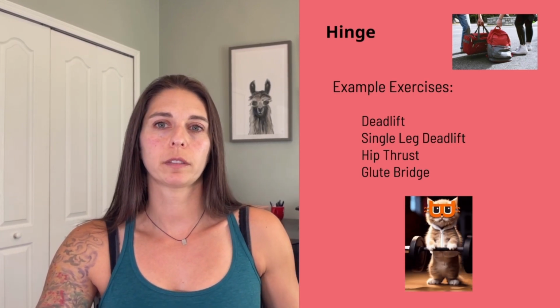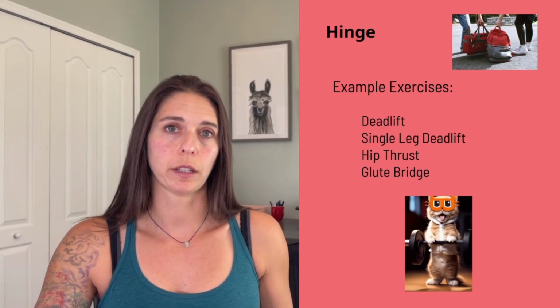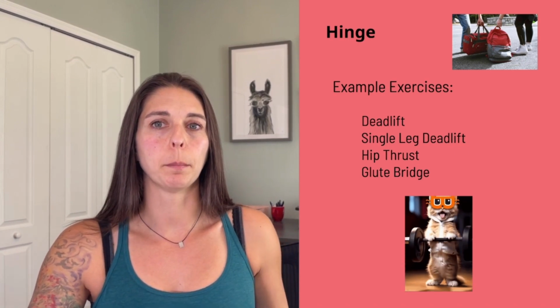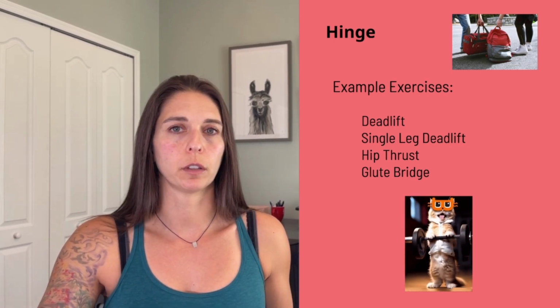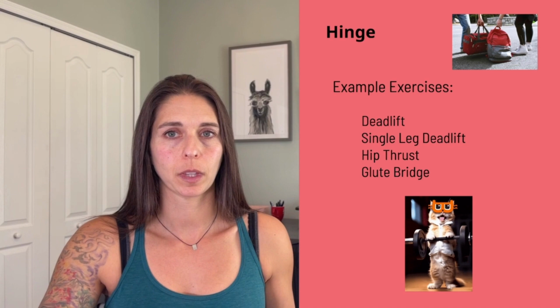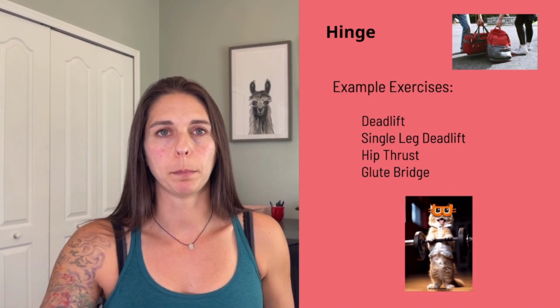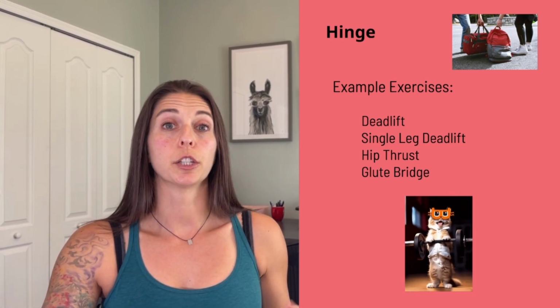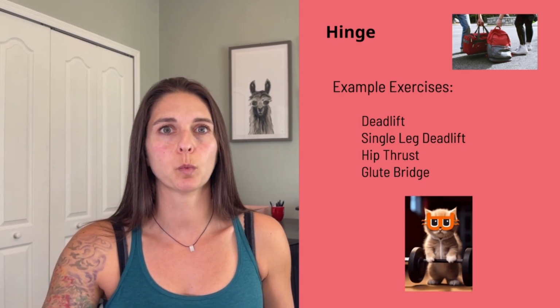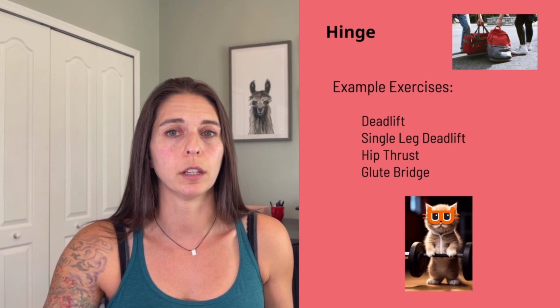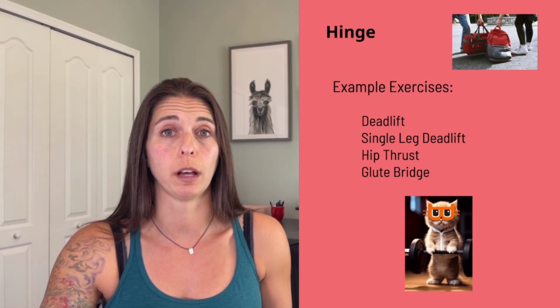So the hinge works the big muscles in your legs, like squats do, but it focuses more on the back side of your body. So your hamstrings, your glutes, also incorporates your lower back. So anytime you lift something big and heavy like a suitcase, you should be doing a hinge movement. And mastering a good hinge movement is really, really important for preventing injury and keeping your back strong and healthy.